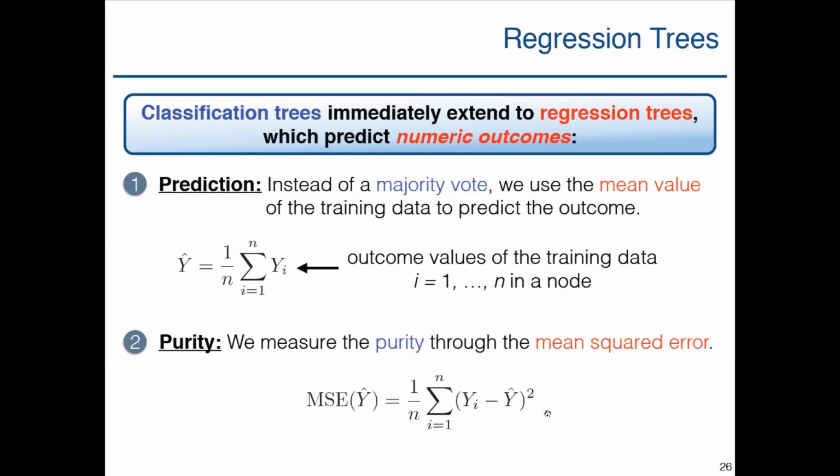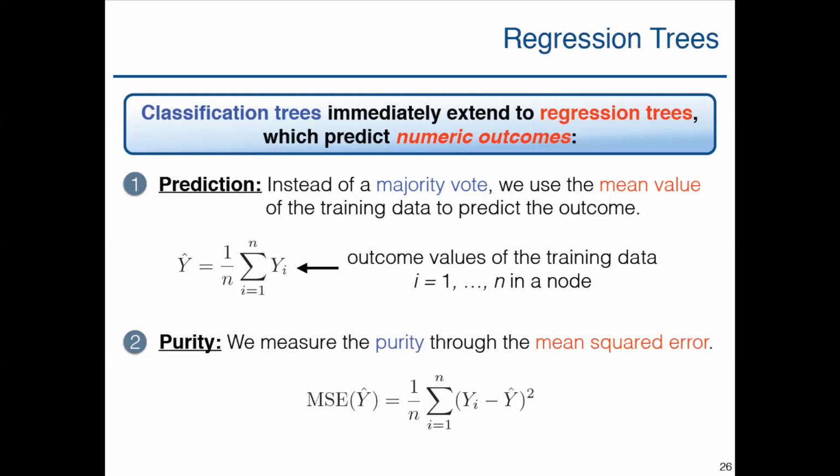The purity measure, we basically use the mean squared error for this. So for each node, हम वहां पे देखेंगे जो भी आपको split best सबसे कम mean squared error दे रहा है, that's what you're going to be choosing. ठीक है?